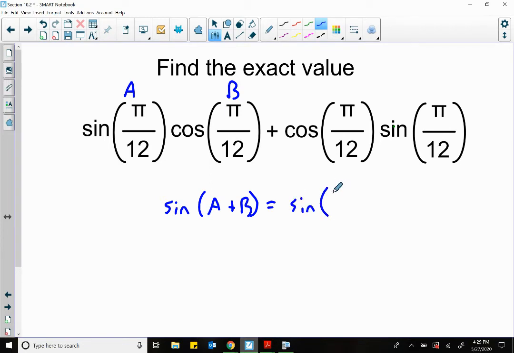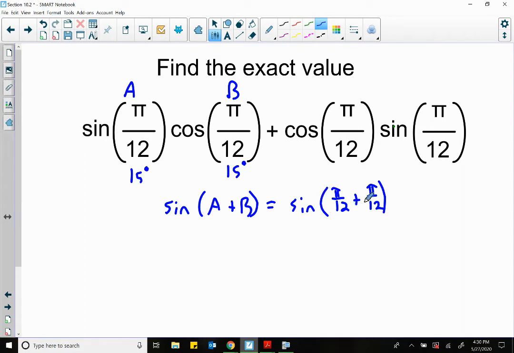So this is sine of pi over 12 plus pi over 12. And again, you could have changed these from the very beginning and worked with them as such. Okay, so if you change these into their angles, this would be 15 degrees, 15 degrees.